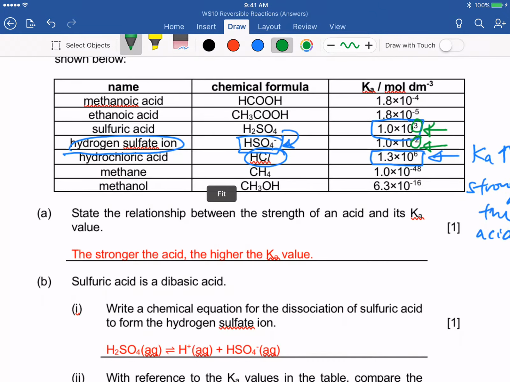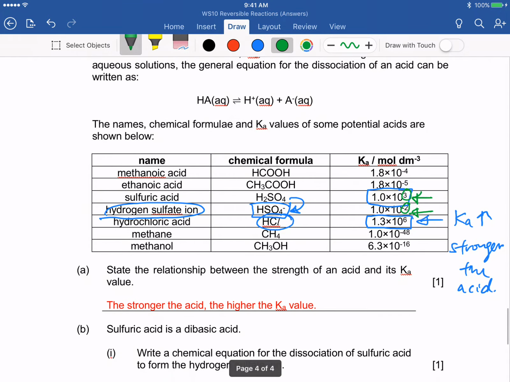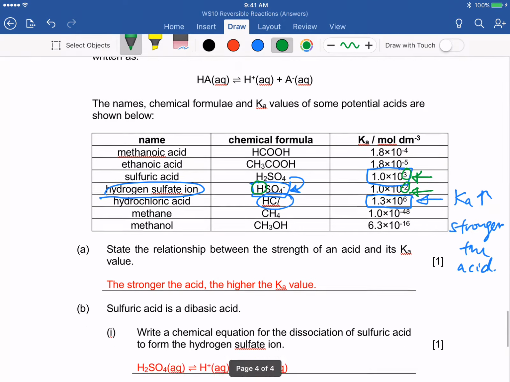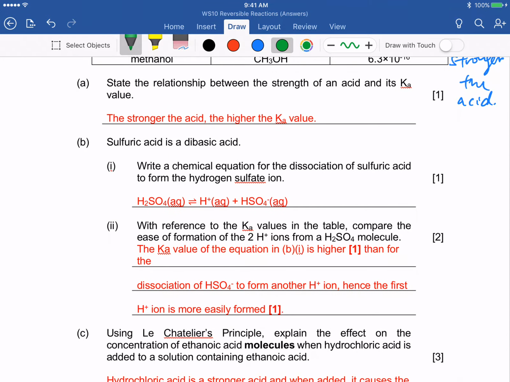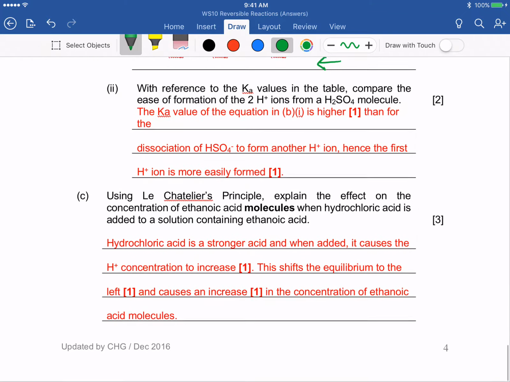So it is way easier to lose the first hydrogen to form HSO4 minus than it is to lose the second hydrogen and form SO4 2 minus. So the Ka value in the first dissociation is higher than for the dissociation of HSO4 minus to form another H plus ion. Hence, it is easier to form the first H plus ion.